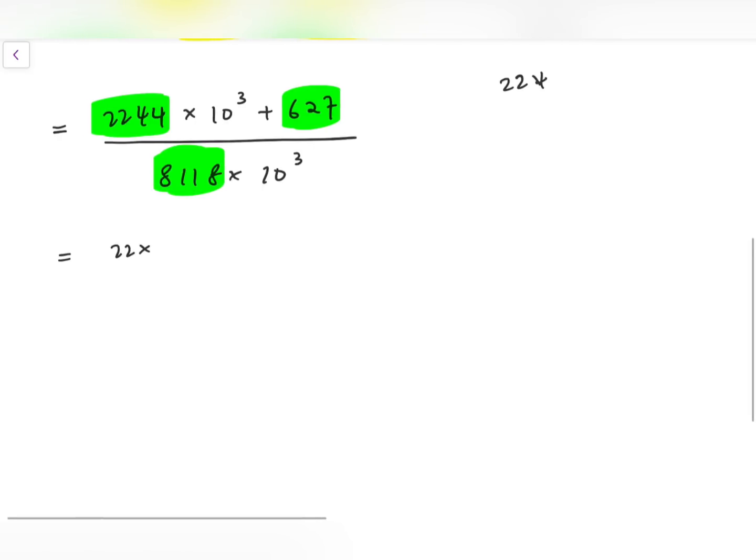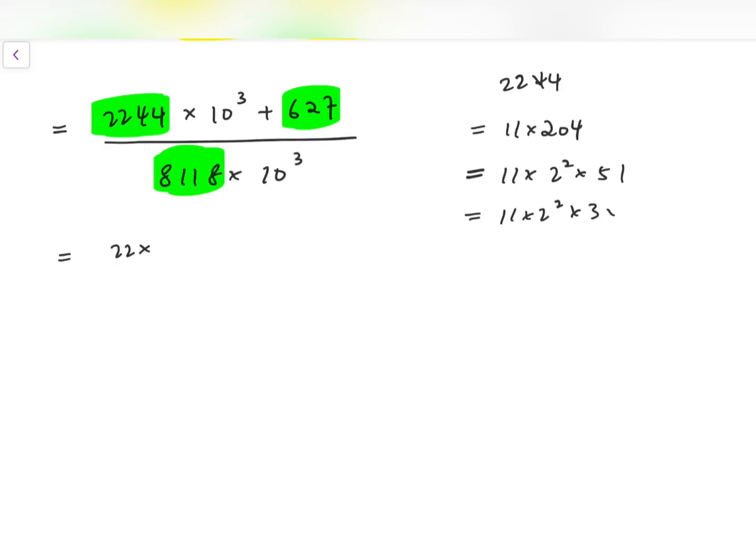Let's write it at the side. 2244 can be written as 11 times 204. Then 11 times 2 squared times 51, because 204 is a multiple of 4. 51 is 3 times 17, so 2244 can be written in this way.